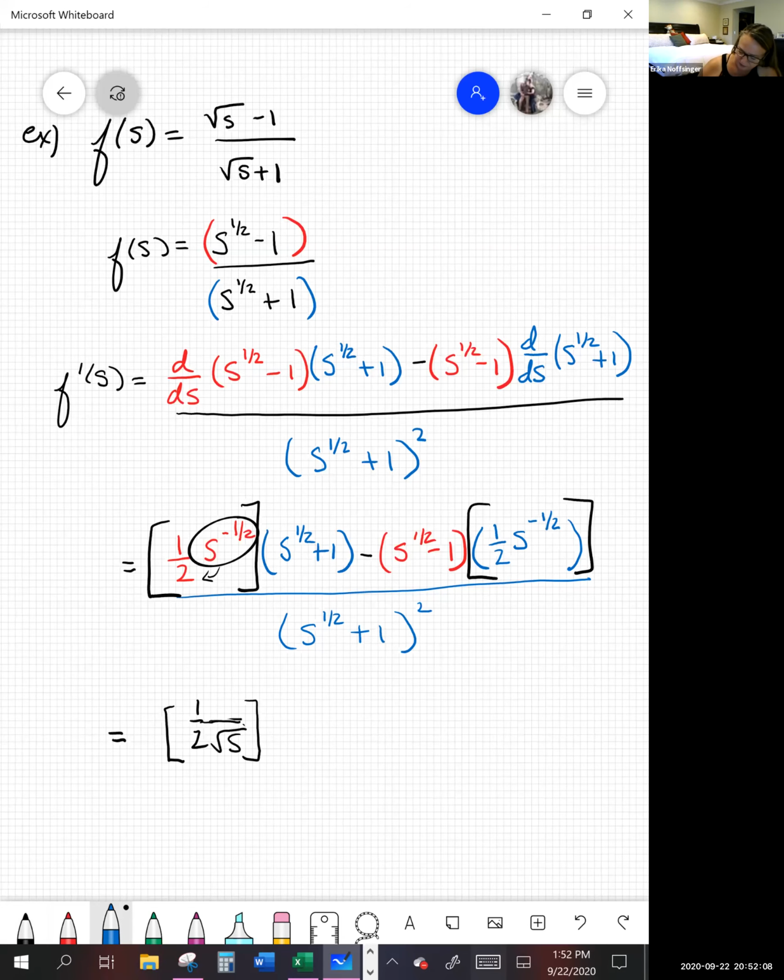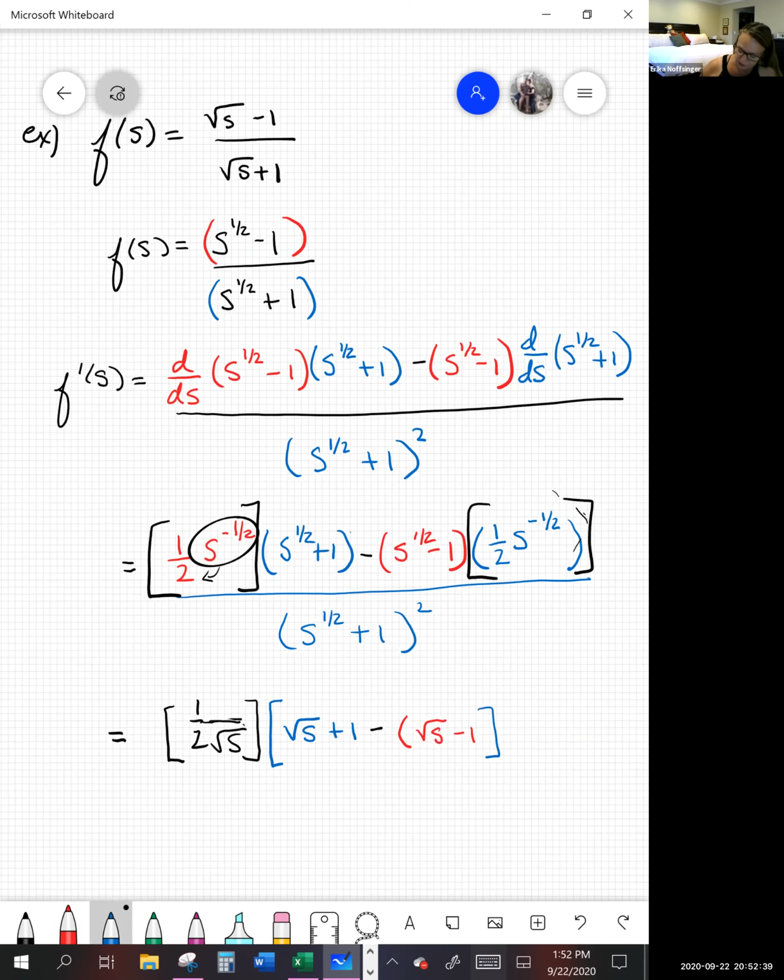Then I would be left with this blue piece right here. s to the 1/2 power is the square root of s plus 1. Minus, well, again, we pulled this piece out, so we're just left with this red piece. I need that parentheses there. s to the 1/2 power is the square root of s minus 1.